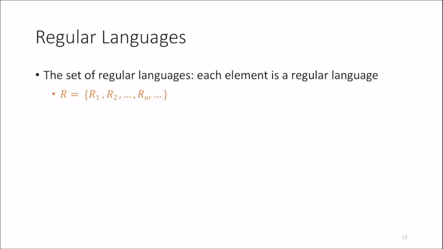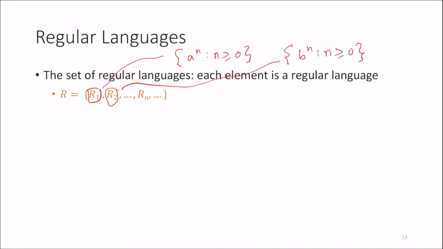Each regular language can build a larger set, which is a set where each element is a set of strings. So R1 here is a set of strings. Let's say R1 is A raised to N, N greater than or equal to 0. And then maybe R2 is another set, which is B to the N, N greater than or equal to 0.